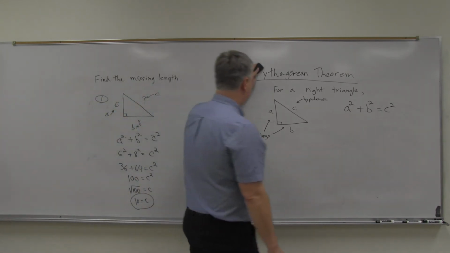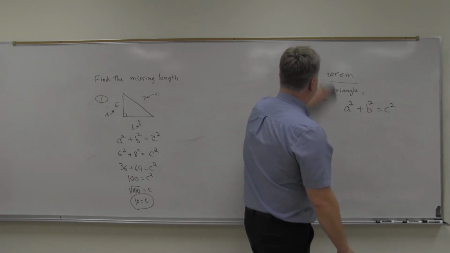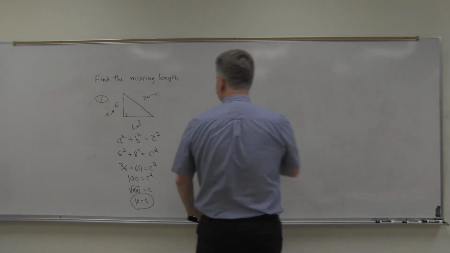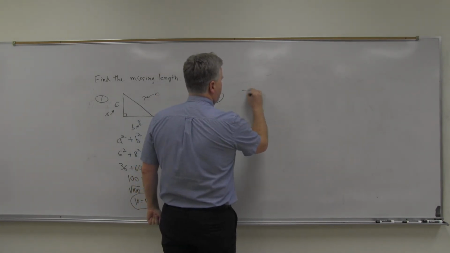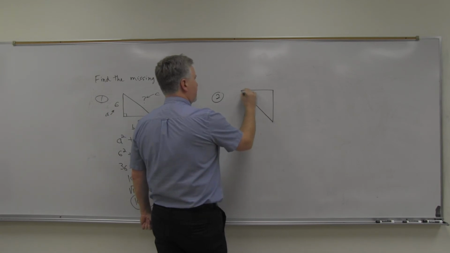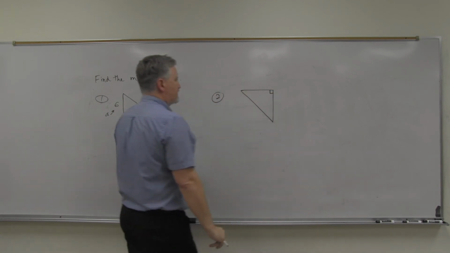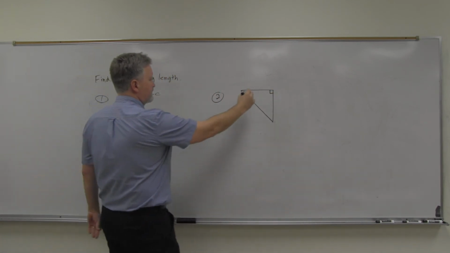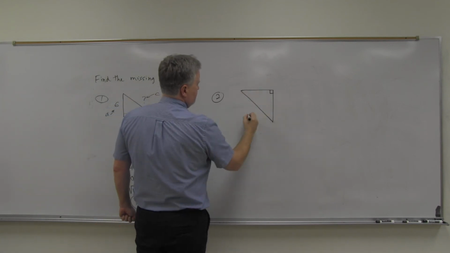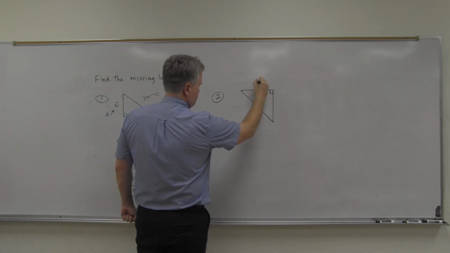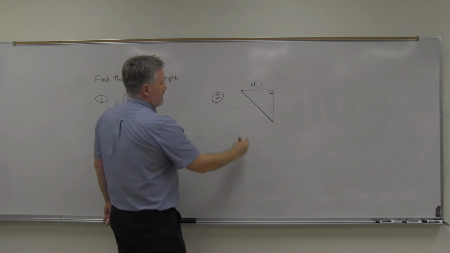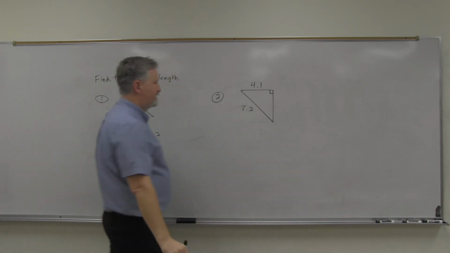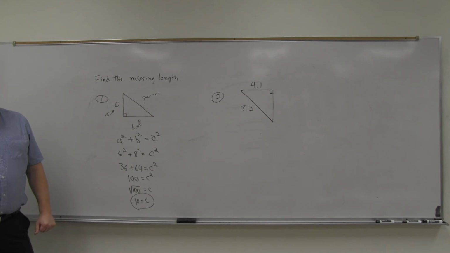Let's do this one, a little bit different. Let's go kind of backwards from what we did. This one is, let's call it, 4.1, and that one looks like a 7.2. Just making some up there.